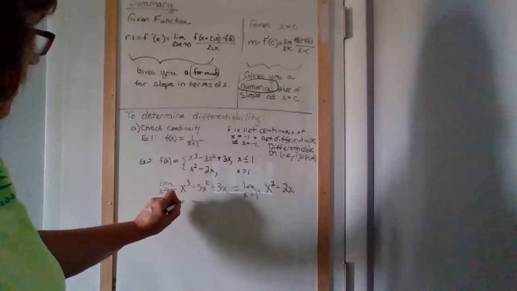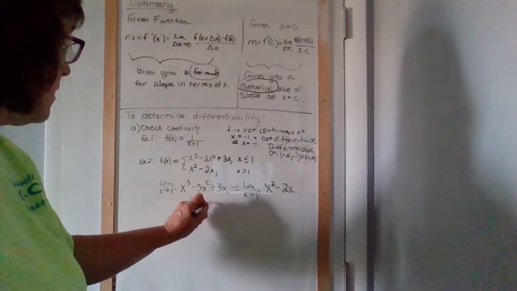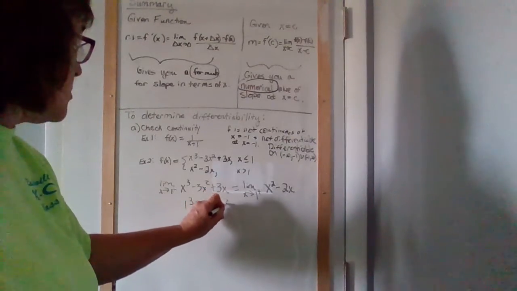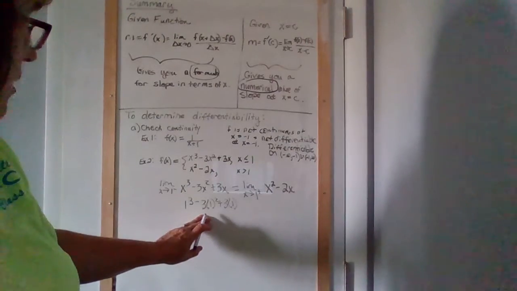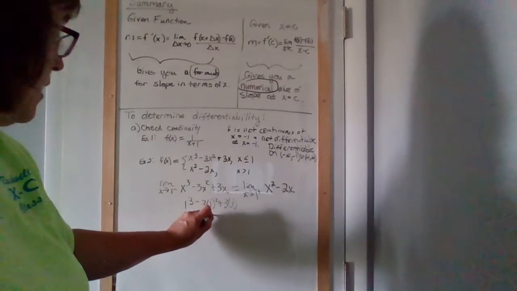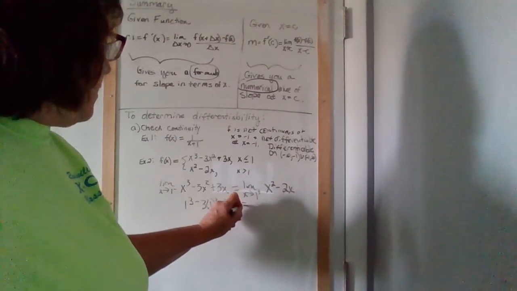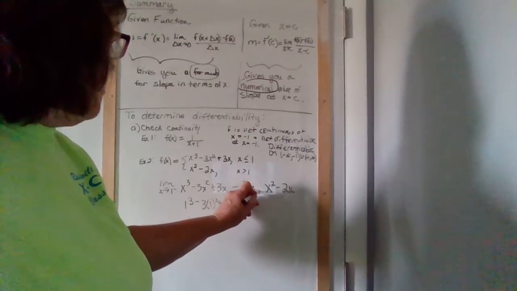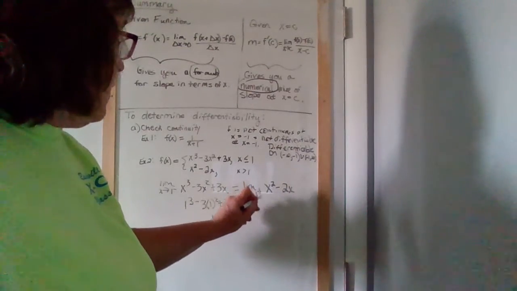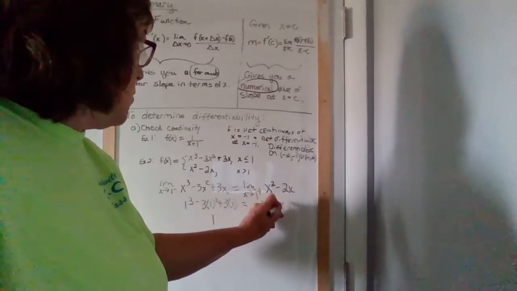If I plug in 1, I get 1 to the third minus 3 times 1 squared plus 3 times 1. This side's going to give me 1 minus 3 plus 3, and I'm going to get a 1. On this other side, we'll look to see if they're equal. So I plug in 1 from the right, and so that would be 1 squared minus 2 times 1.